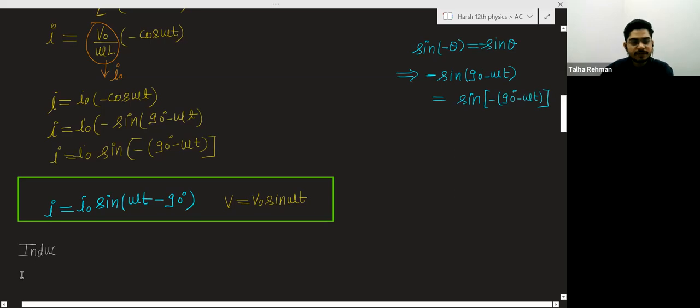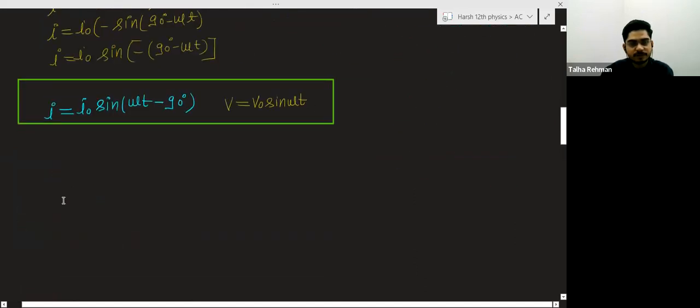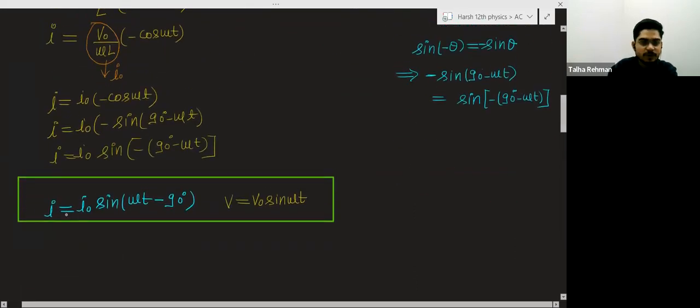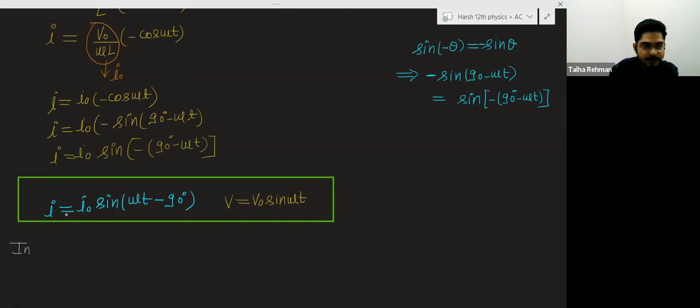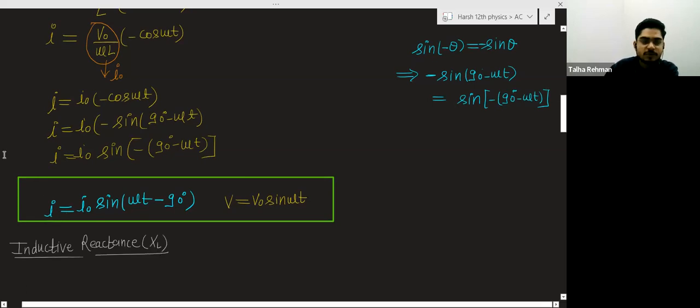I can write it here. Inductive reactance is represented by XL.